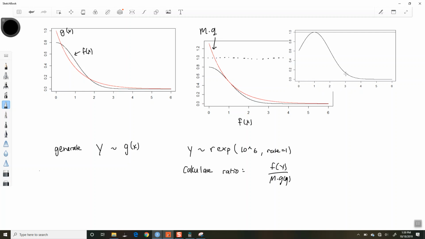So if we generate the number 3 in the exponential, we're still going to accept it only with probably around 20%. If you combine that, the exponential doesn't generate 3s that often to begin with, and on top of that you're only going to accept 20% of them, then what you end up getting is something that looks like the normal distribution.